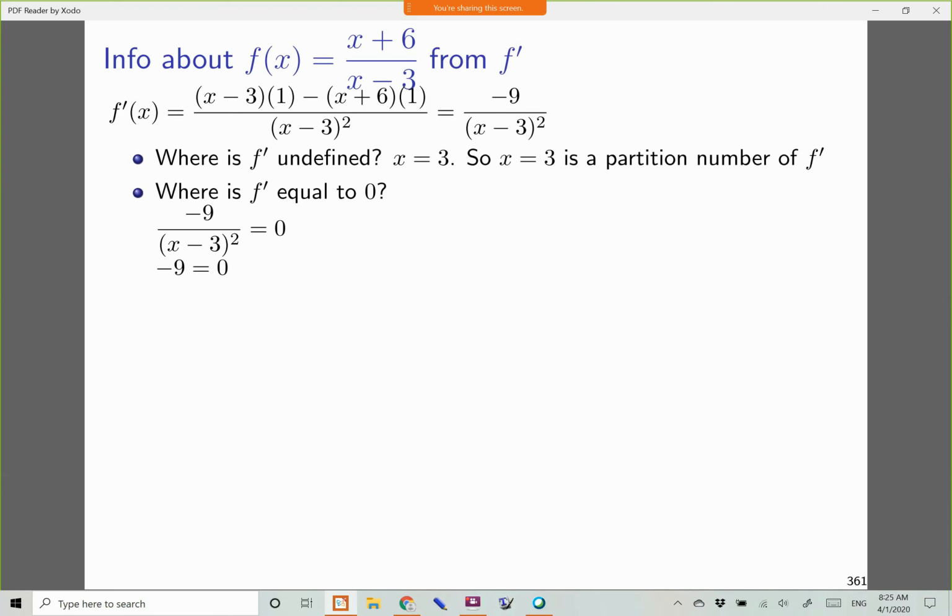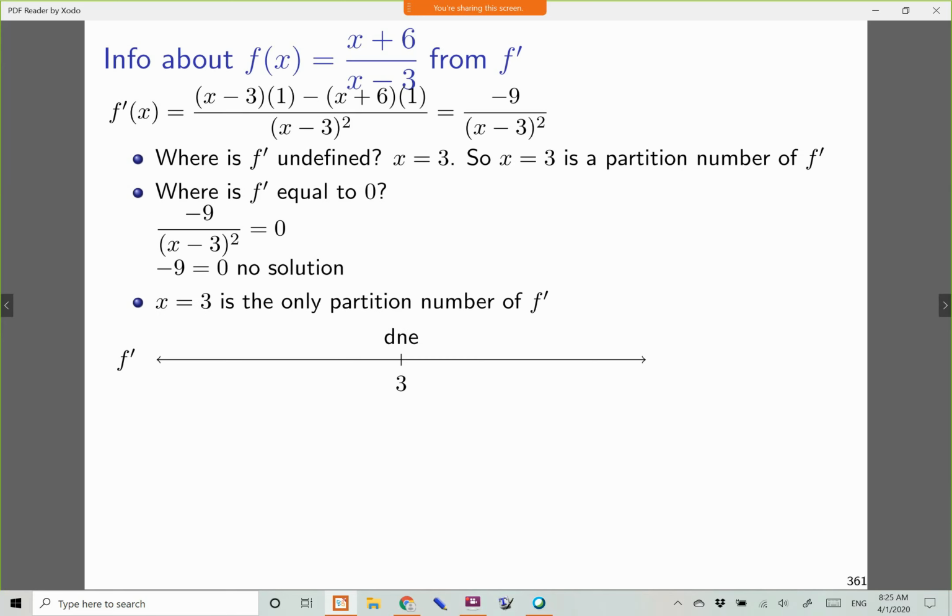This is a lot like a situation we saw yesterday. There is no value of x that you can plug in. Well, there's first of all no place to plug in an x, but no matter what you pick for x, it's not going to be true that -9 equals 0. So this has no solution. So it means that we didn't get another partition number. There's only one partition number, and that number is 3.